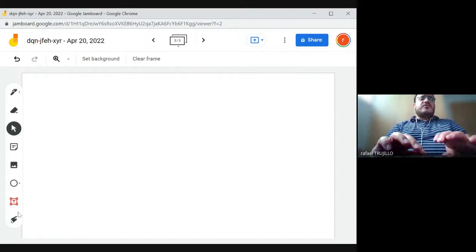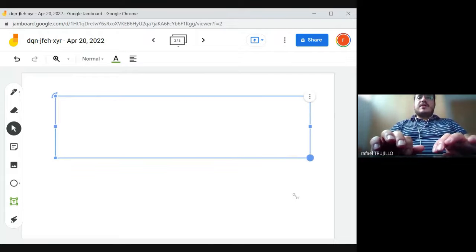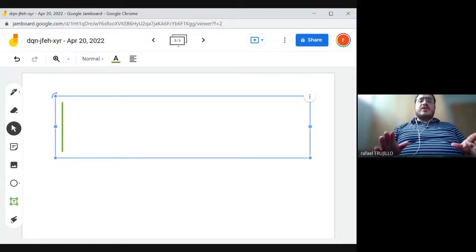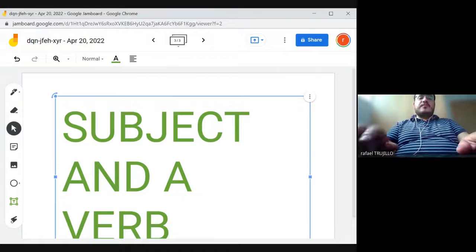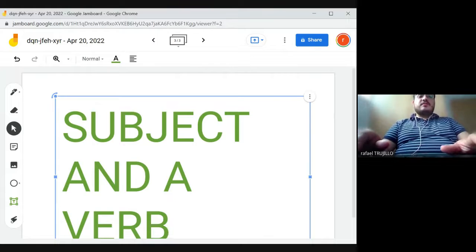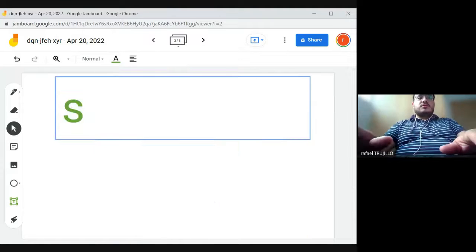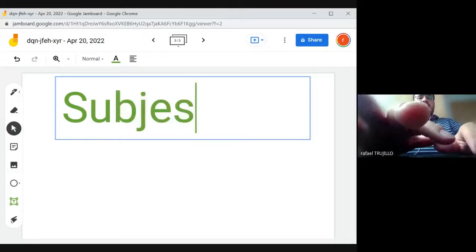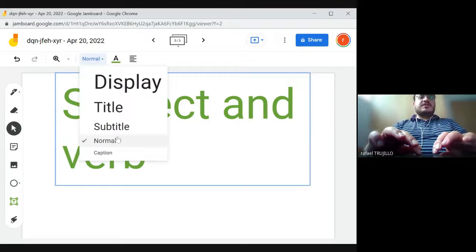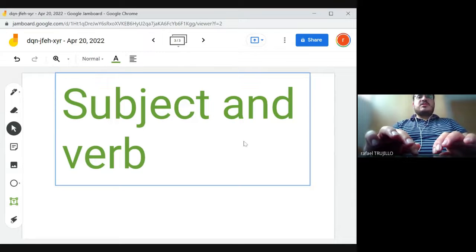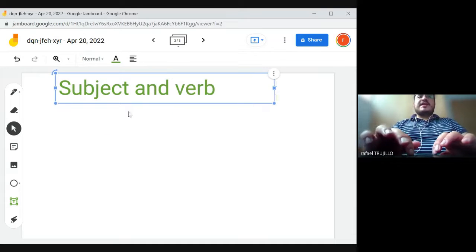The structures will always have a subject and a verb. Always a subject and a verb. And that is important to know. That is important to understand.